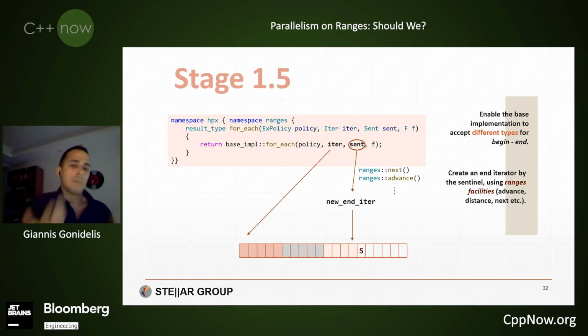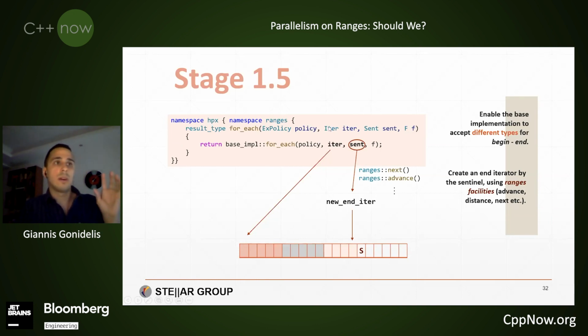Now, I previously said that the base implementation could stay the same. Now the base implementation, of course, changes. So the base implementation is being adapted accordingly. And I want you to understand that this is a broader scenario than having a single range input, because we enabled the base implementation to accept different types. That's very important.